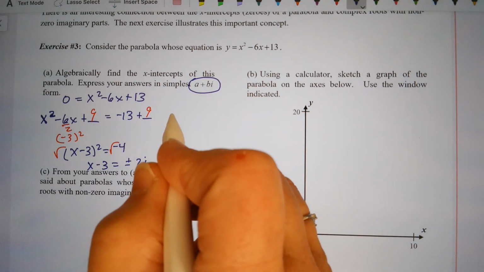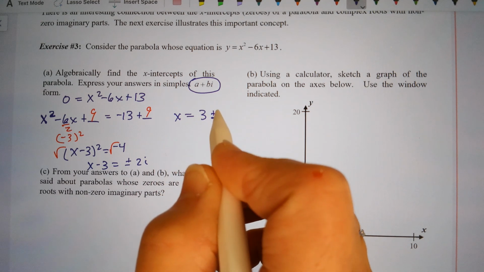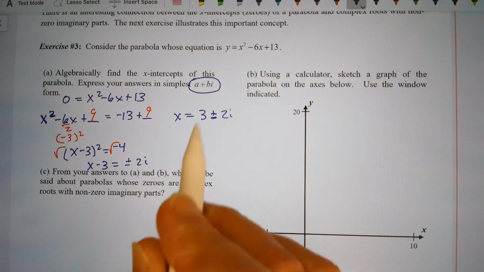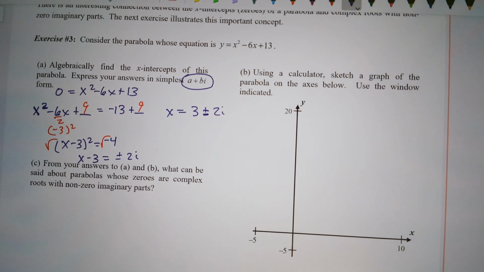Add 3 to both sides. So x equals 3 plus or minus 2i. So these are the x-intercepts. Wait, how could we see them when our x-axis, these are real numbers, right? So let's see, 3 plus or minus 2i.